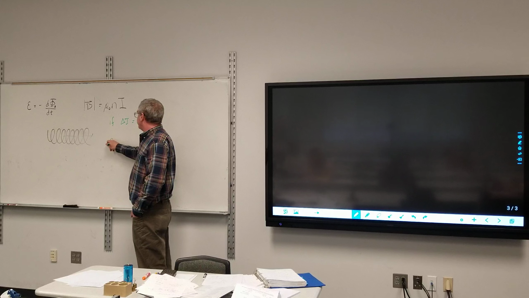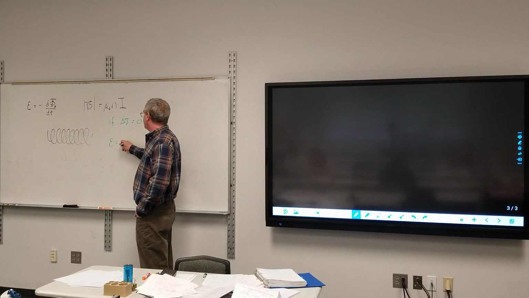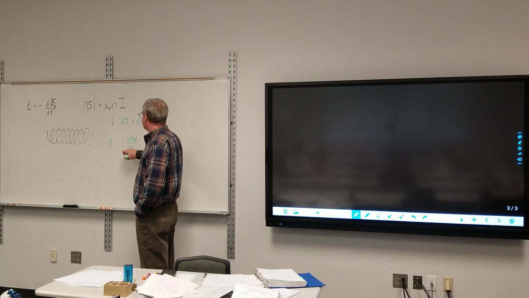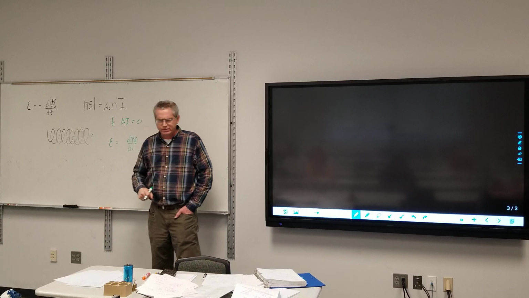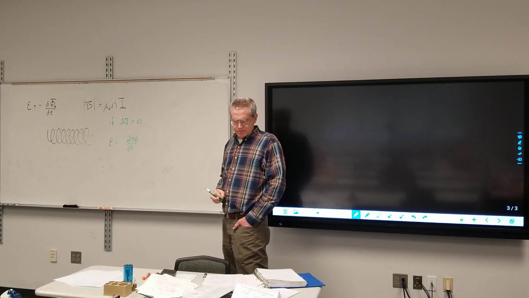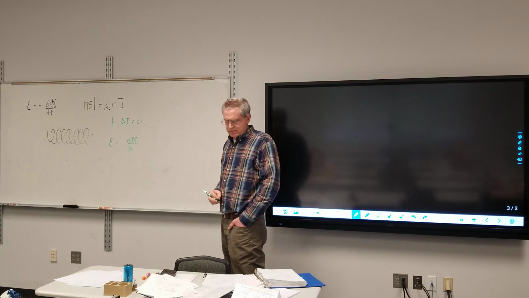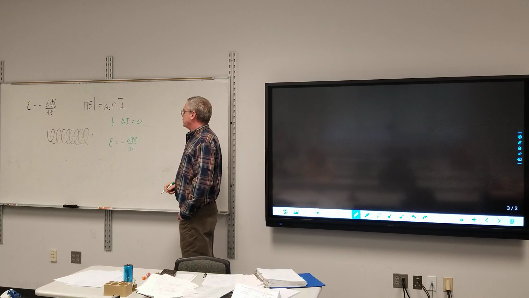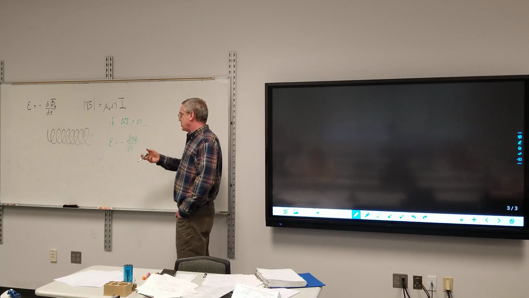So the EMF that I am producing will be the negative d/dt of B times A. This would be the voltage created by this changing magnetic field.